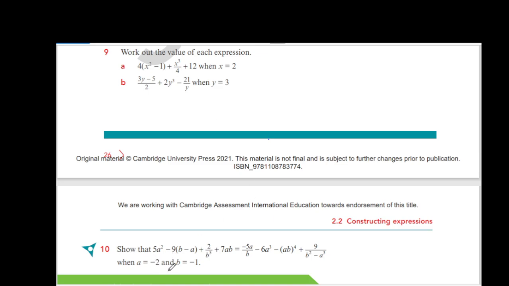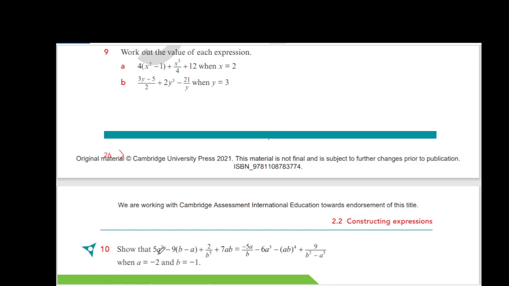In question number 10, they are saying that you have to show that 5a² − 9b − (a + 2)/b⁵ + 7ab is equal to −5a/b − 6a³ − (ab)⁴ + 9/(b² − a³), when a is minus 2 and b is minus 1.